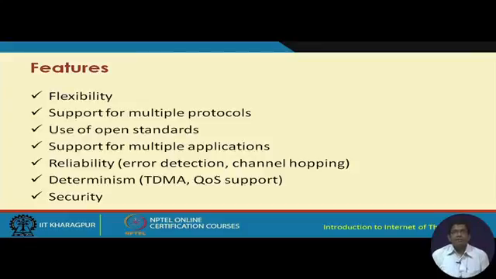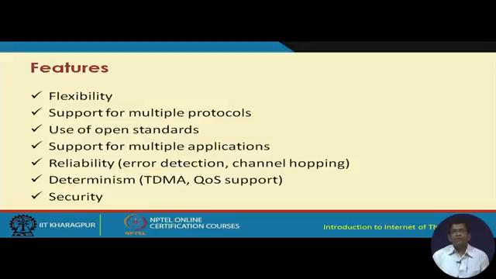The features of this particular protocol include flexibility, support for multiple protocols, use of open standards, support for multiple applications, reliability including error detection, channel hopping, determinism using TDMA. QoS support is also implemented in the case of use of this particular protocol.